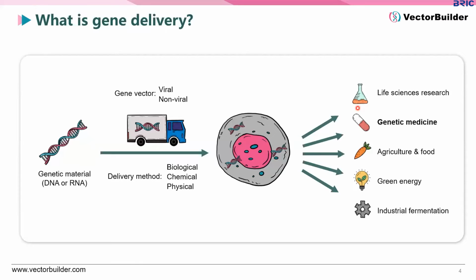So delivery methods can be distinguished into three big categories, including biological, chemical, and physical vehicles. Today I will be focusing a lot on adeno-associated virus, which is a trending, very popular choice among scientists who are using it to deliver genetic information as a medicine.